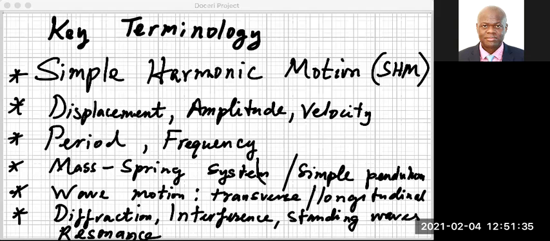So these are some key terms that we will need to understand to be able to describe wave motion and oscillations.